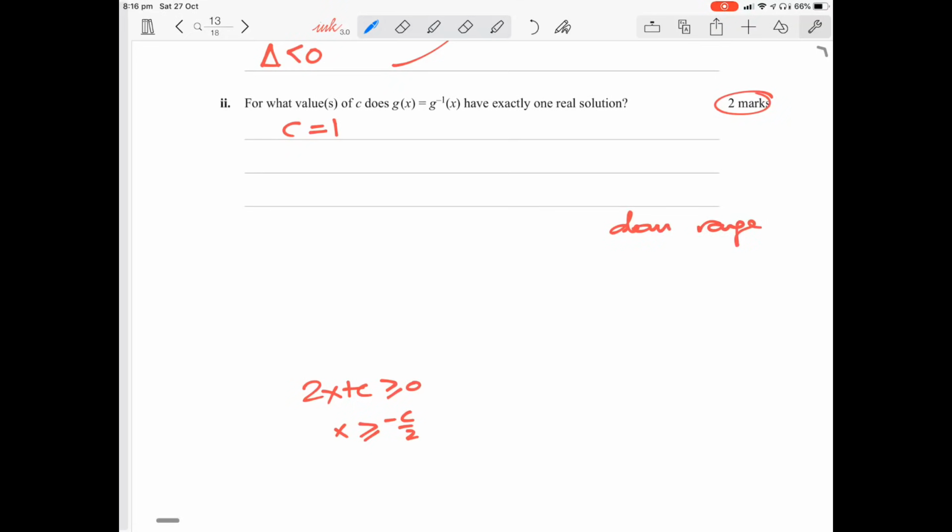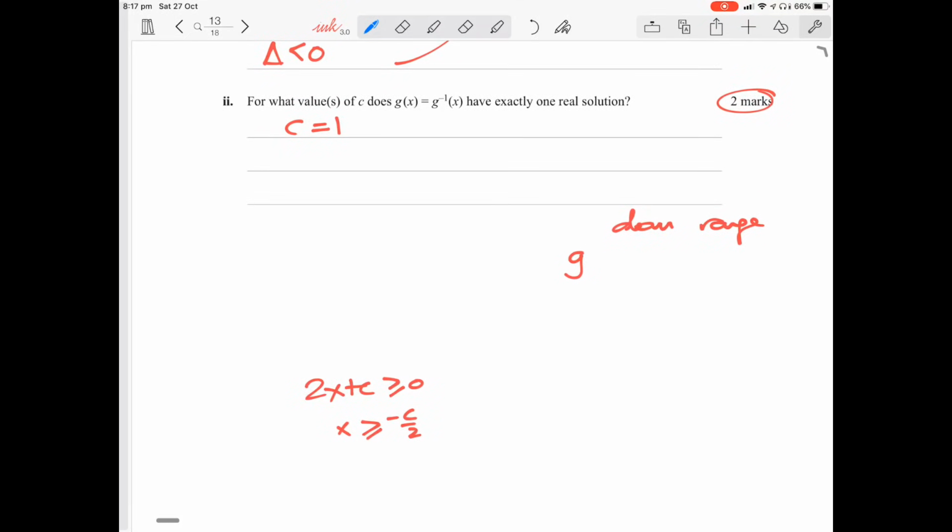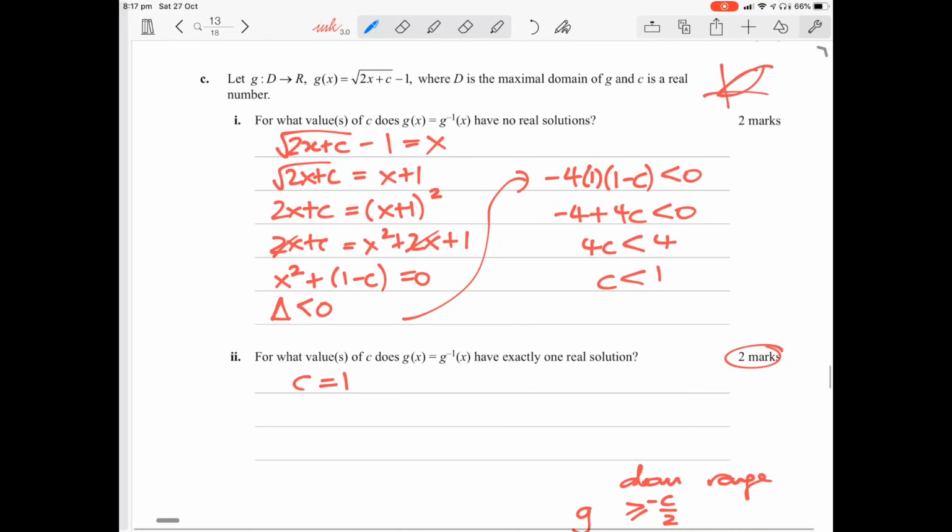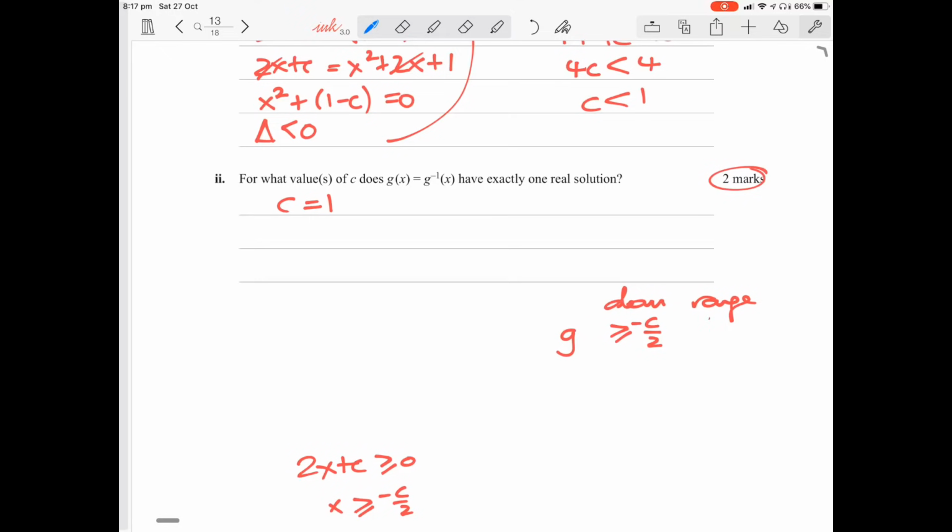So domain and range of g: the domain is greater than or equal to negative c on 2. My range, negative 1 to infinity. So g inverse is going to have domain negative 1 to infinity, and my range is going to be negative c on 2 to infinity.